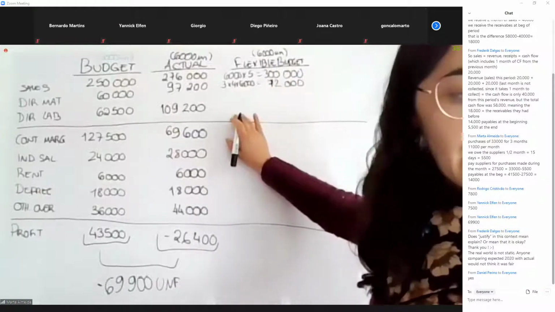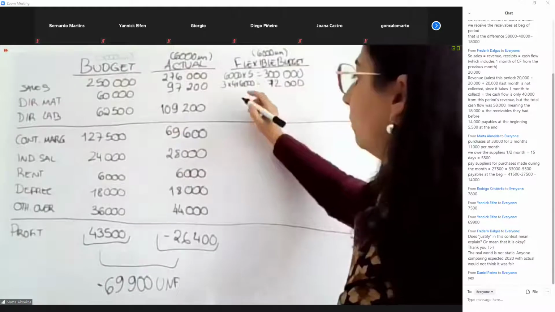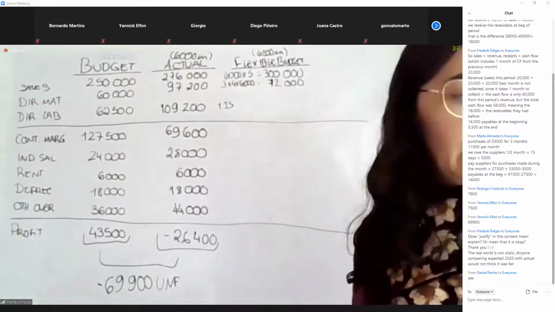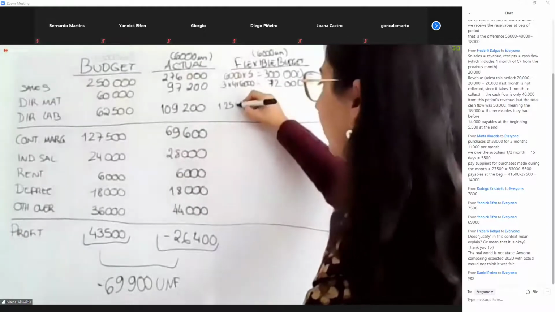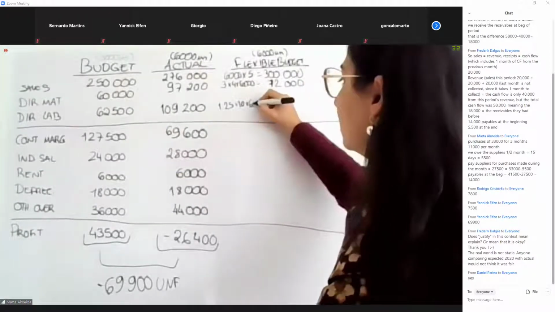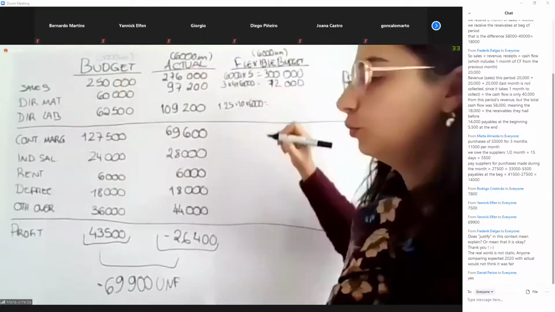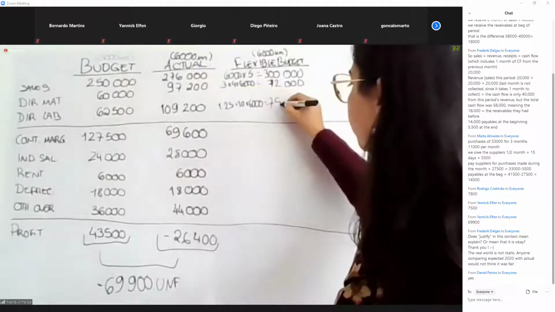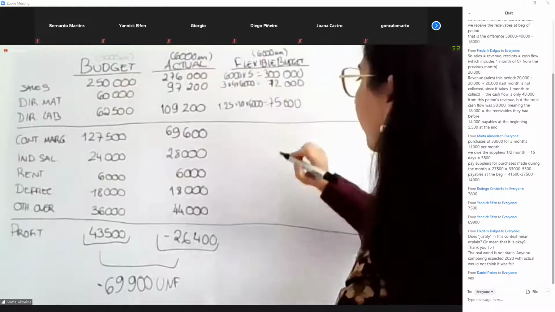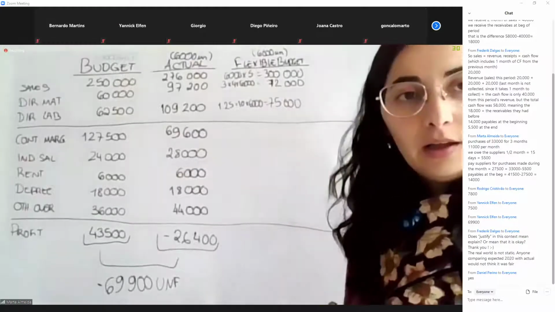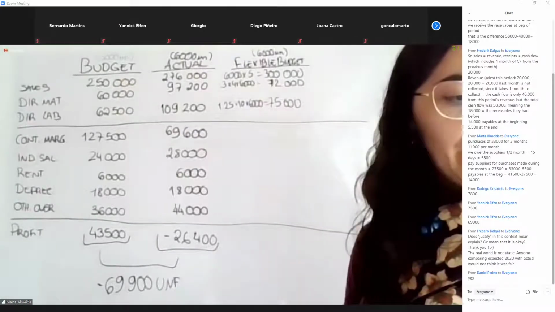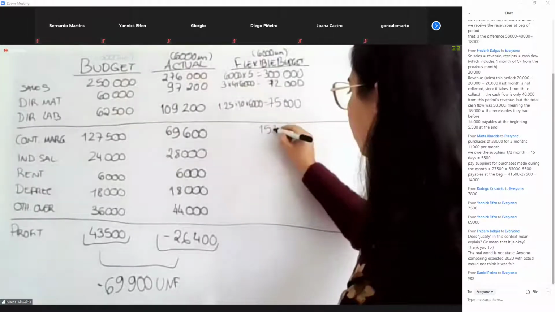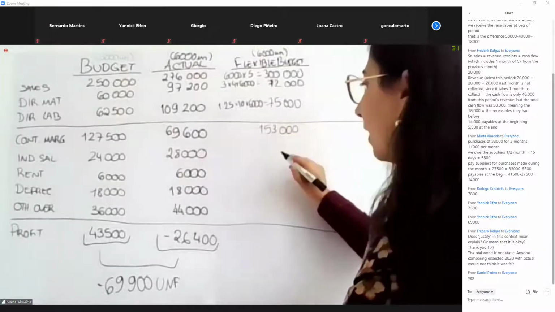And for direct labor, we expected to spend 1.25 hours per unit at the standard cost of 10 pounds per hour, times the 6,000 units, which would give us 75,000 pounds. In this sense, we would have an expected contribution margin of 153,000 pounds.